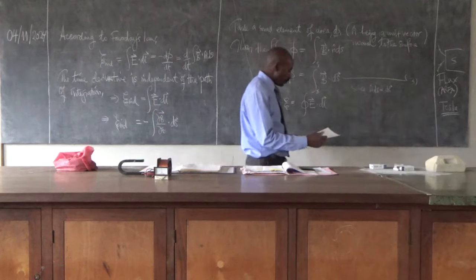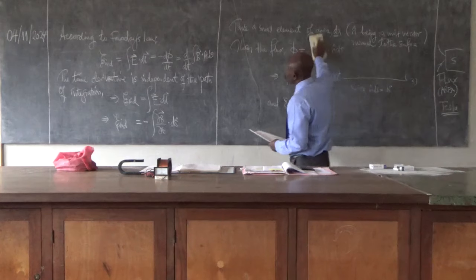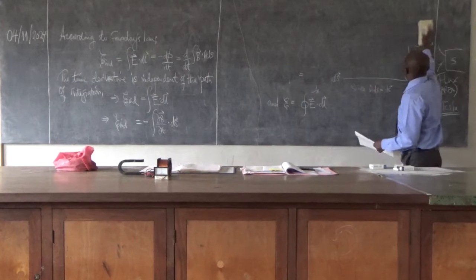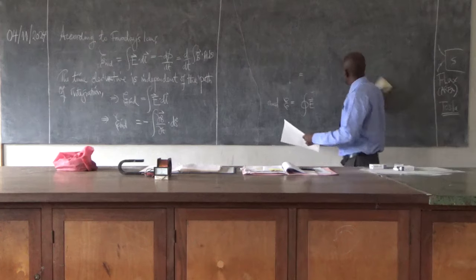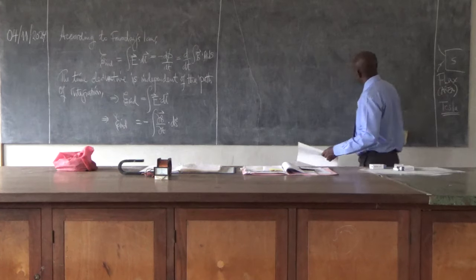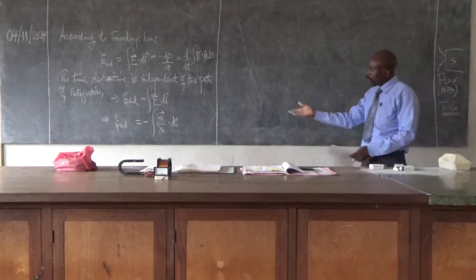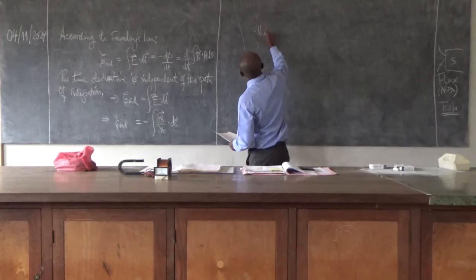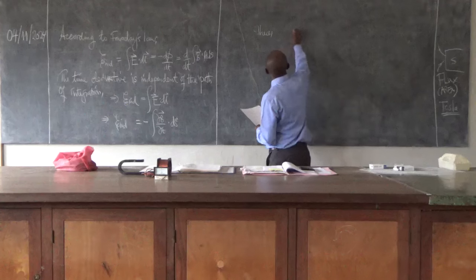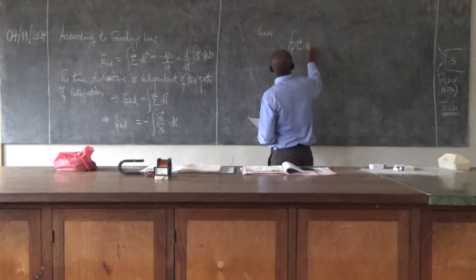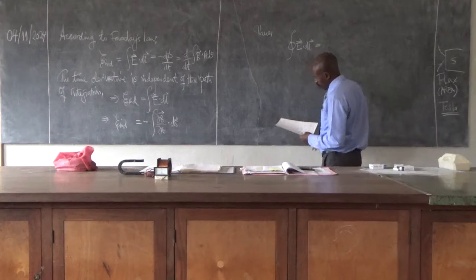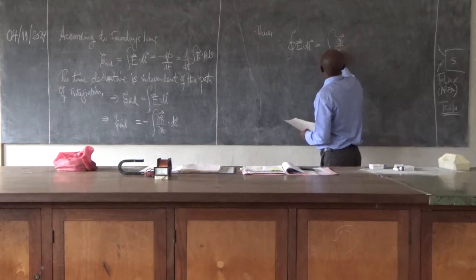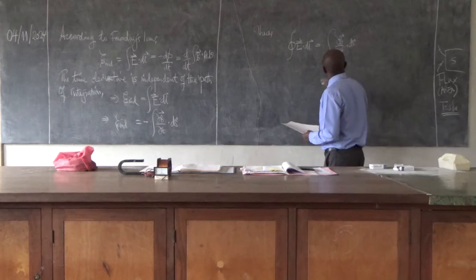Thus, we have the integral of E dot dl, and the two are the same, since they are all giving us the induced EMF, whether you take it as a conservative field or by Faraday's induction. Thus, we can equate these two, that the integral of E dot dl is equal to the integral over this surface of partial B by partial t dot dS.